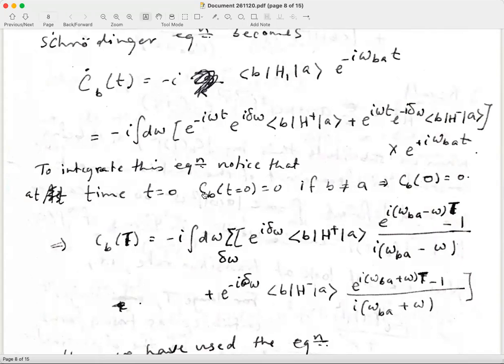The reason is that we want to look for transitions, and therefore B is not the same as A, and therefore CB 0 should vanish. So the behavior of CB at time t is just the value of CB at time capital T, with no contribution from anything in between, to first order in perturbation theory.